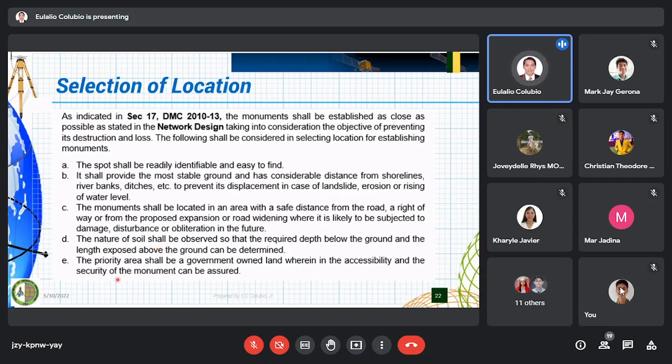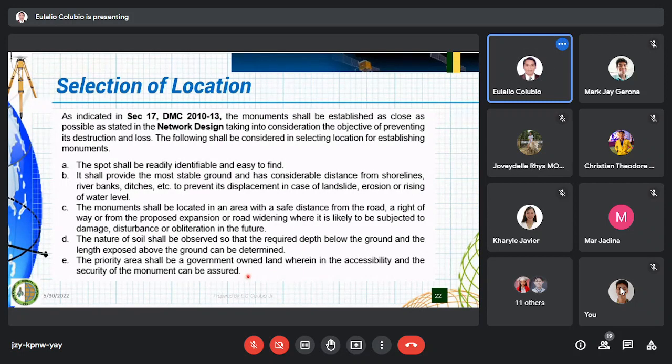And then, letter E, priority area shall be a government-owned land. Okay, so, di ba katong sa Lab 1 nato, no? Dapat if nasa private property ang atong monument, so if naay no trespassing, so i-avoid na ninyo, no? Basig trespassing man na.